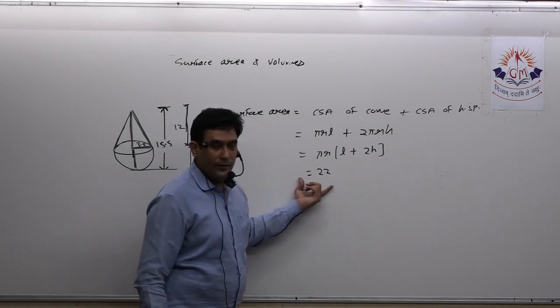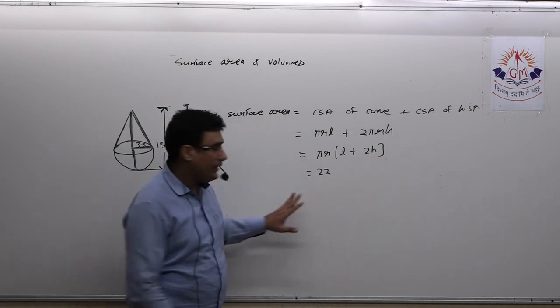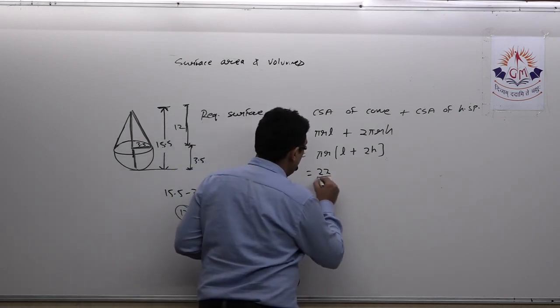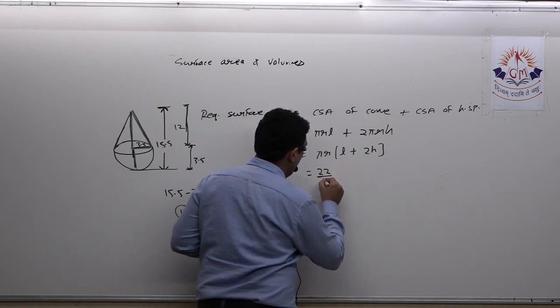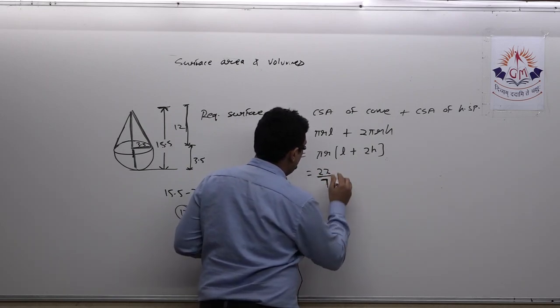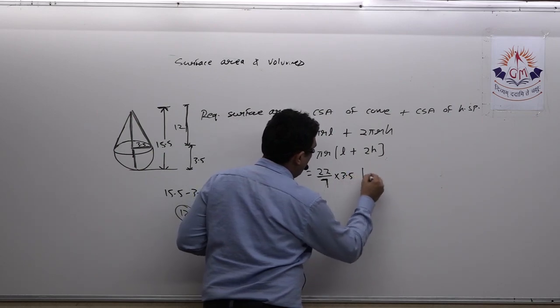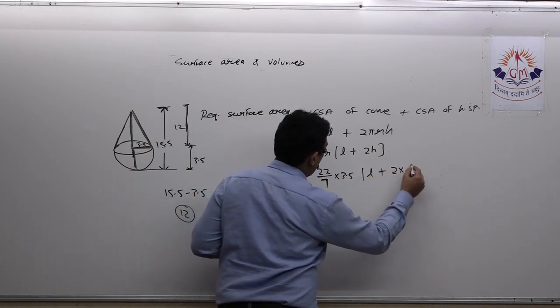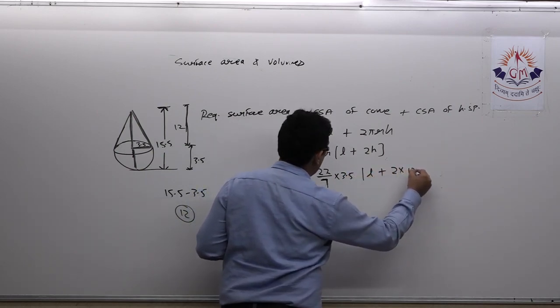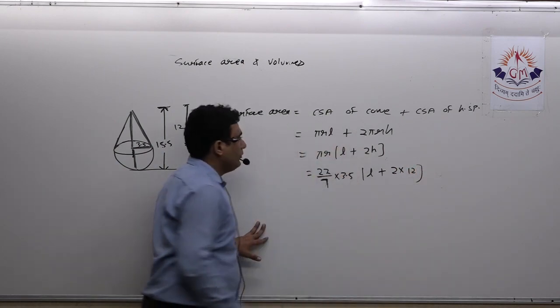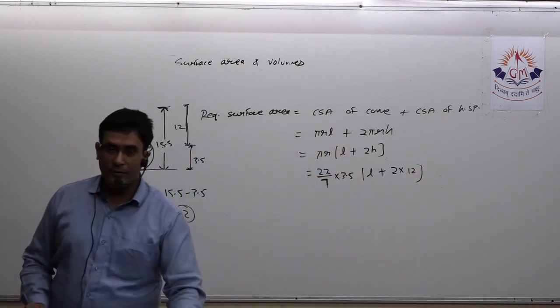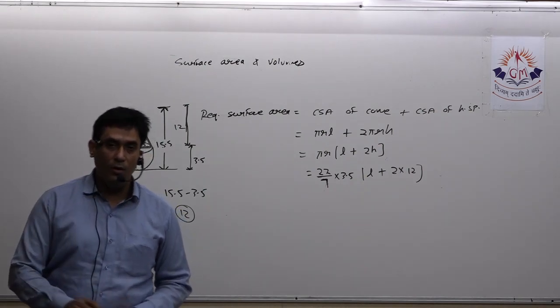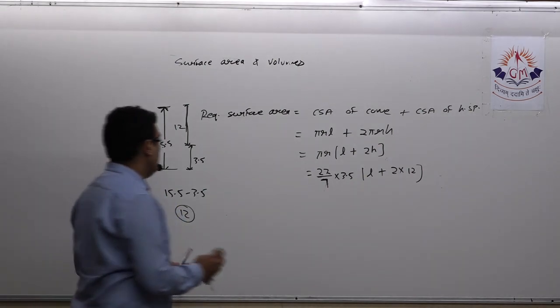If it is written, then you have to use that value. Otherwise, you can use any value. Here it is not written, so I'm taking 22/7. Radius is 3.5, l you have to find, 2 into h. h is 12. Just by putting the values, you'll be able to get the total surface area of the solid, or the required surface area.